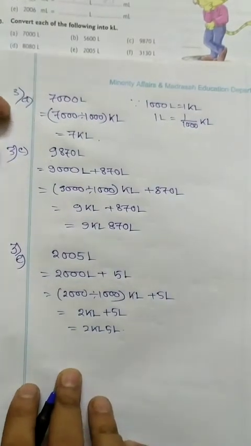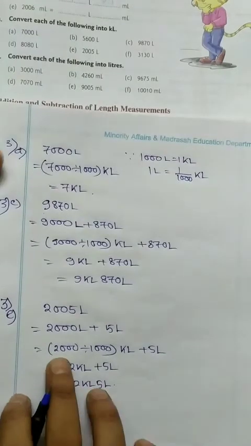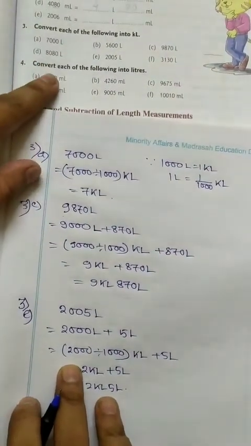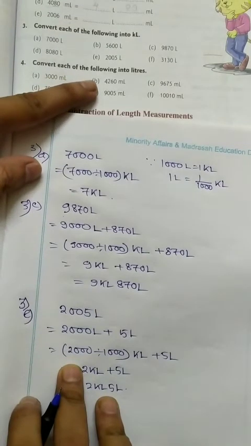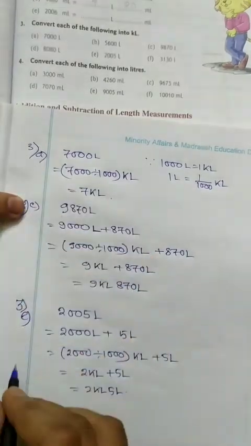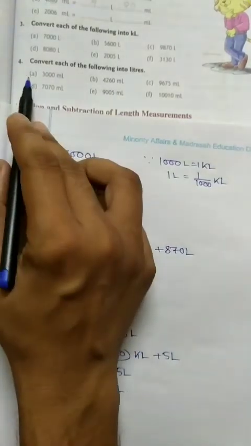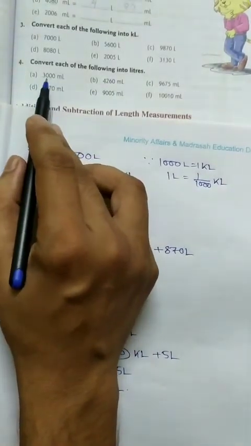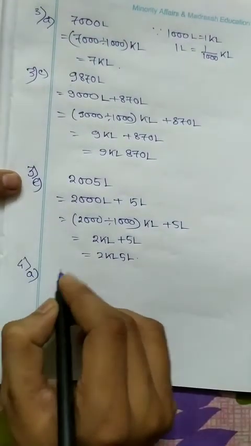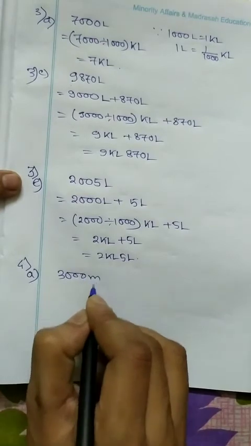Now see question number 4. Convert each of the following into liters. Question number 4A, 3000 milliliter.